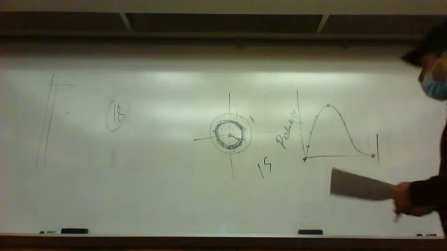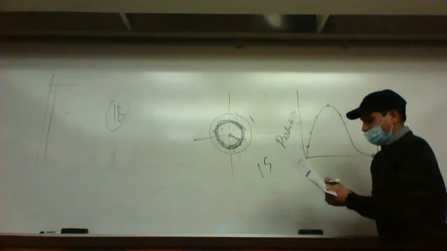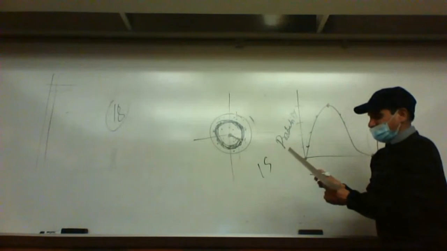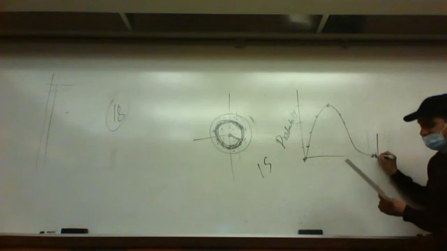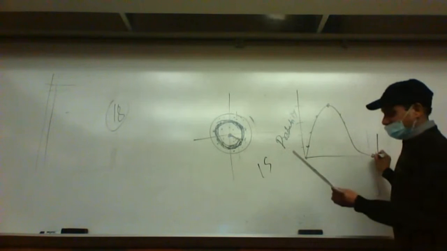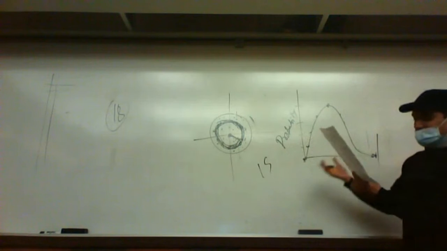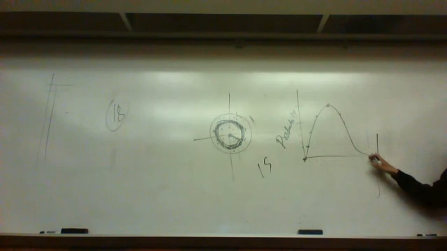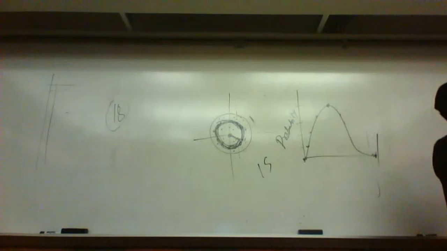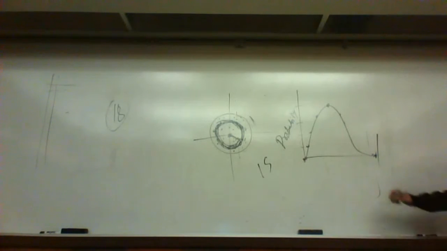And then again, where can we not find the electron? We cannot find it in the nucleus. And in which other place can we not find the electron? Beyond 5 multiplied by 52.9 picometers.